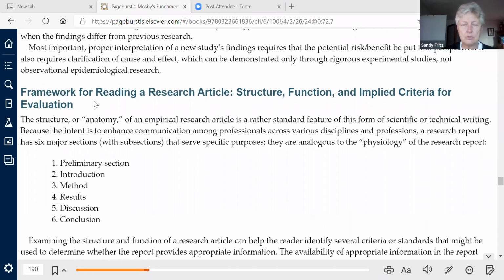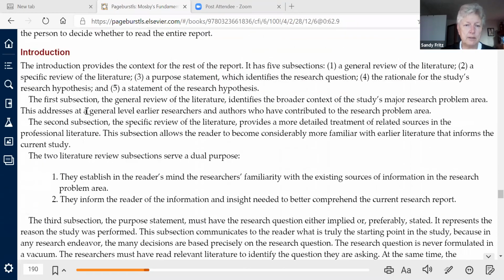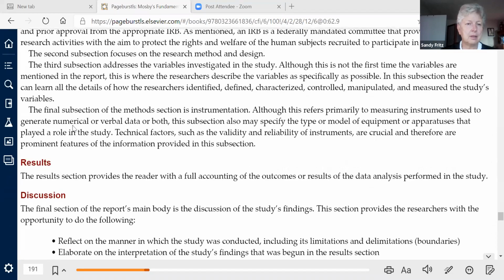So this section right here is going to provide information on how you can kind of dissect a paper, so that you can find the biases and understand just how they did that, so that you can trust the information that you're getting from that paper. So these are all the parts.